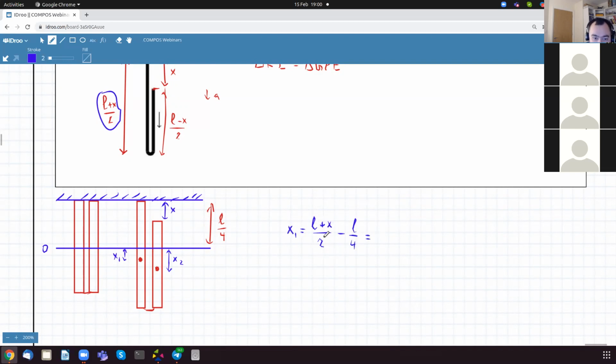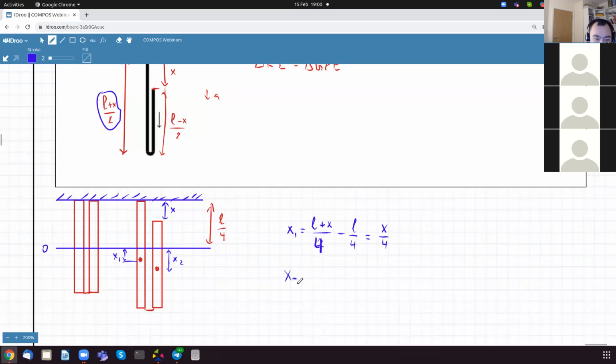Sorry, L plus x over 4, because it's half of that, which gives us x over 4. So if this end moves x down, this end only moves x over 4 down.